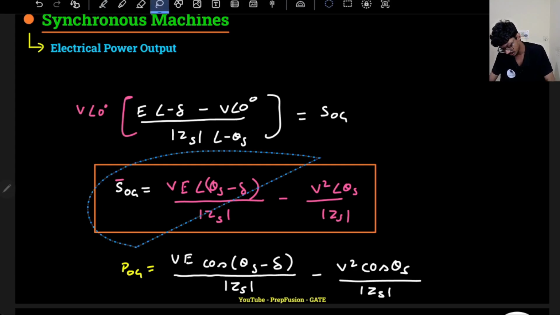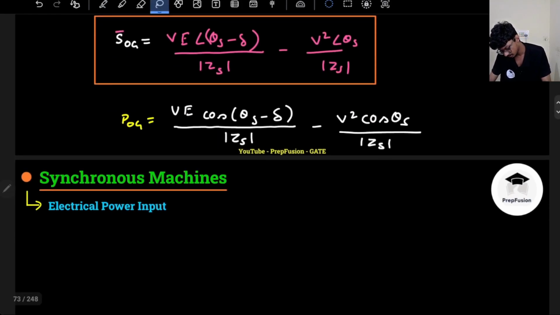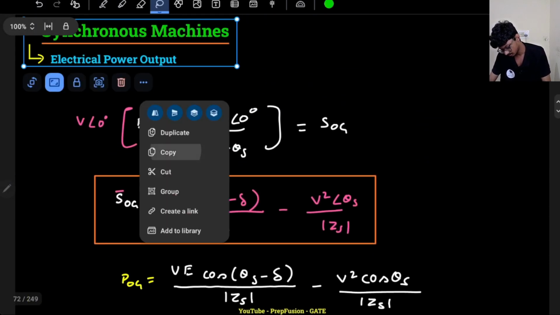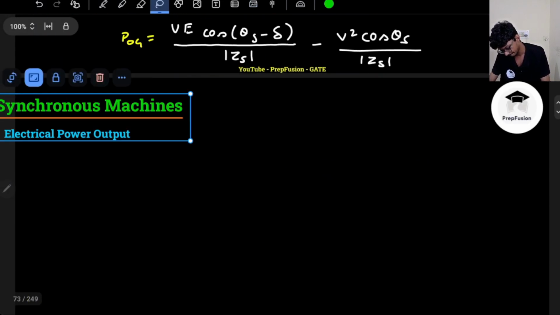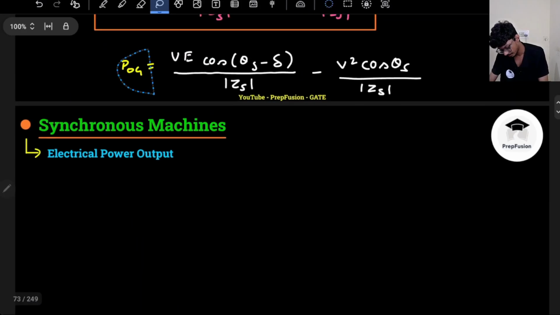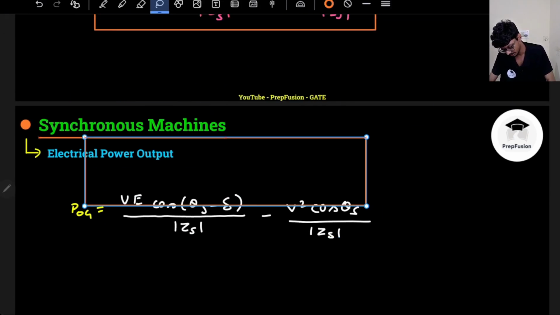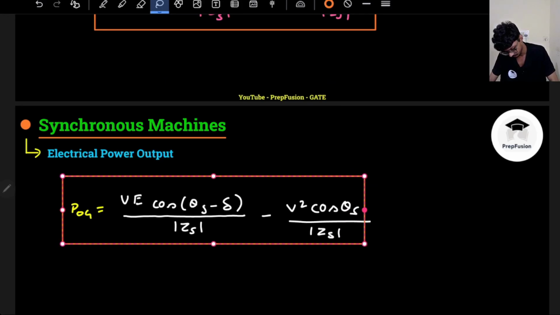Okay, so this will be the real power of the generator, the output of the generator.